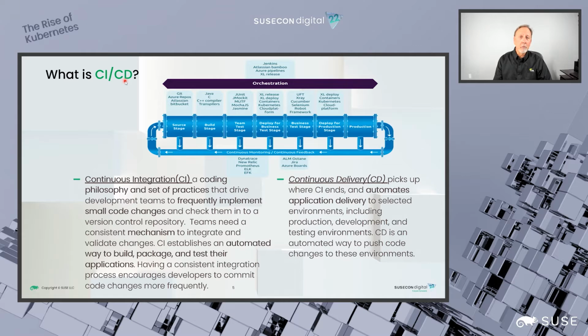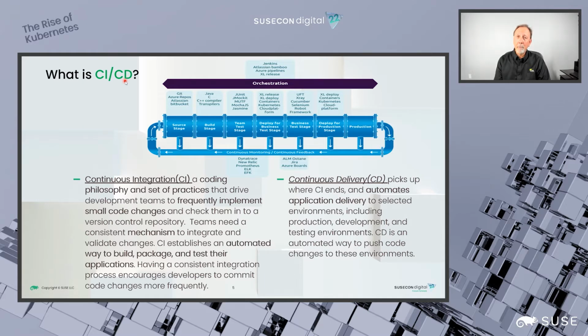So continuous integration is all about the development, the building and testing of source code, turning them into an application. Now, continuous delivery on the right-hand side picks up where continuous integration left off.